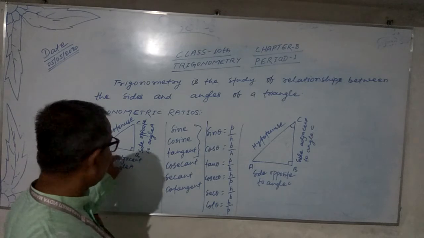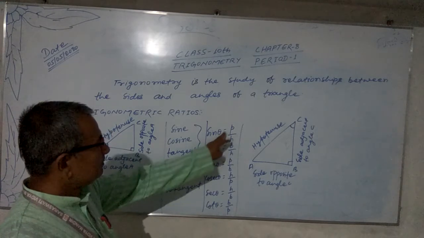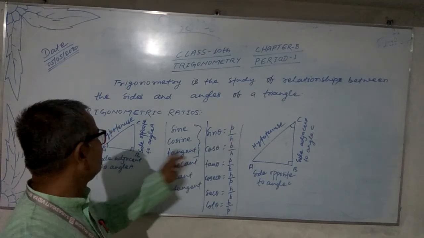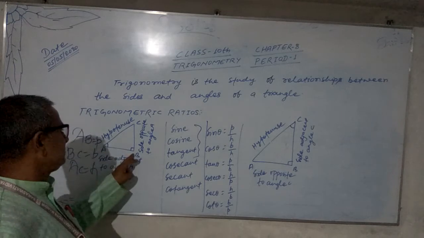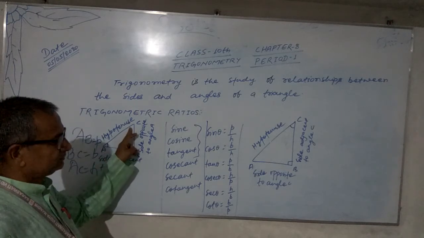For this angle A, P by H means AB by AC.